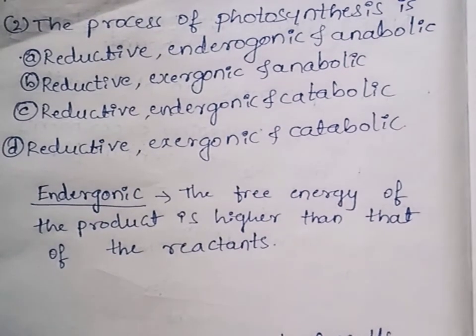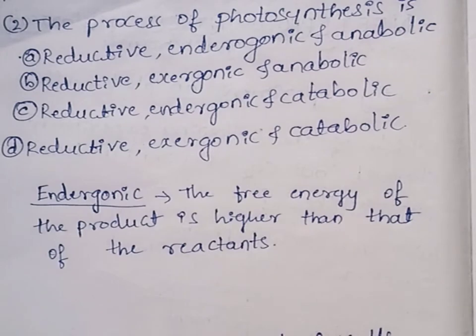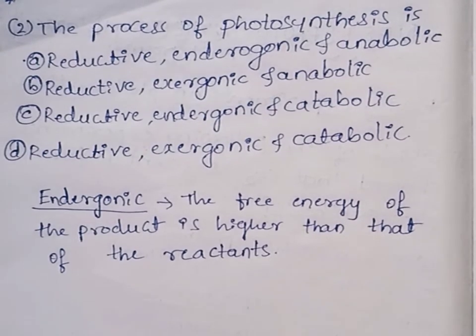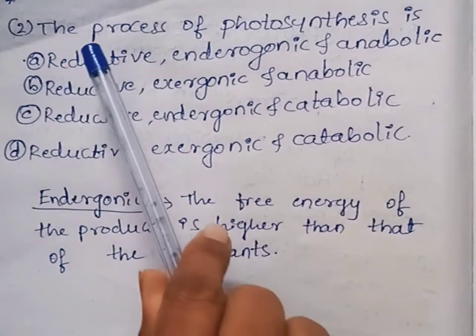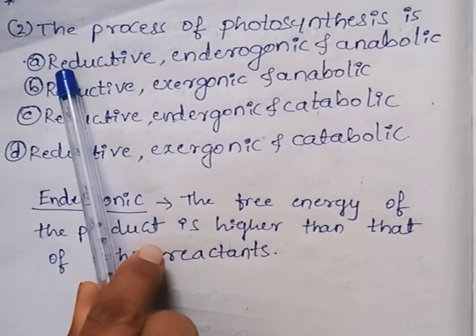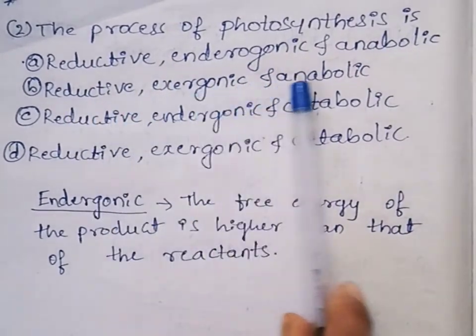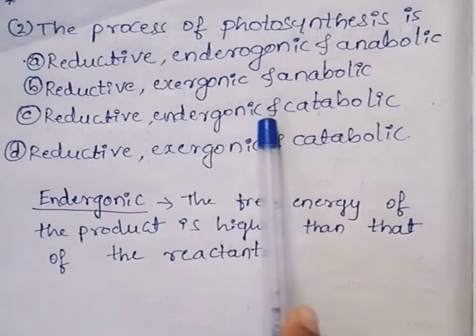The best example of an exergonic process is respiration, especially aerobic respiration, and photosynthesis is an endergonic process. So in the question, the process of photosynthesis is reductive endergonic anabolic, reductive exergonic anabolic, reductive endergonic catabolic, or reductive exergonic catabolic.